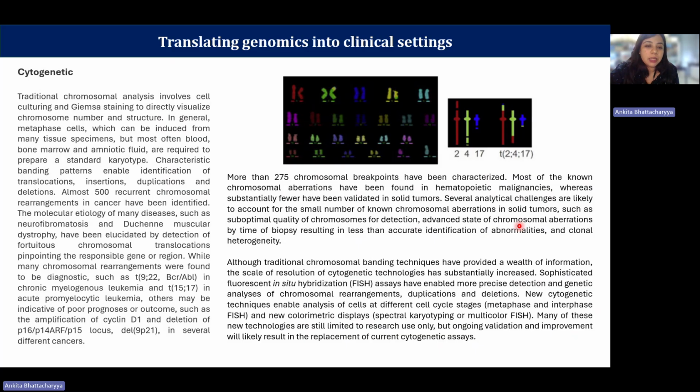So basically, what we are trying to say is that traditionally, cytogenetic biomarkers are usually utilized for some very well studied genetic diseases. So they are majorly something that has possibly been passed on by the parent.